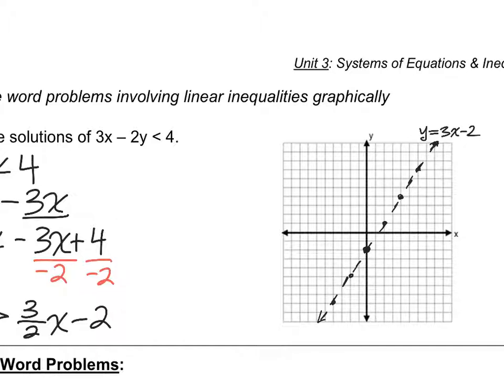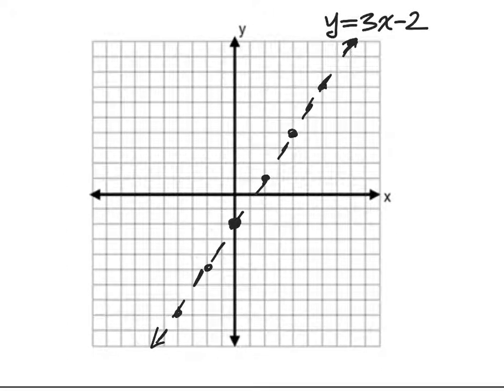All right, so some folks yesterday were a little iffy on the shading. One strategy that I use, and you don't want to do this every time because it could be a pain, is just draw a vertical line. Just draw a vertical line anywhere. You could just watch me do it, and then I'll show you what we're going to do with that vertical line. Now the inequality that we're working with is y is greater than 3/2x minus 2.